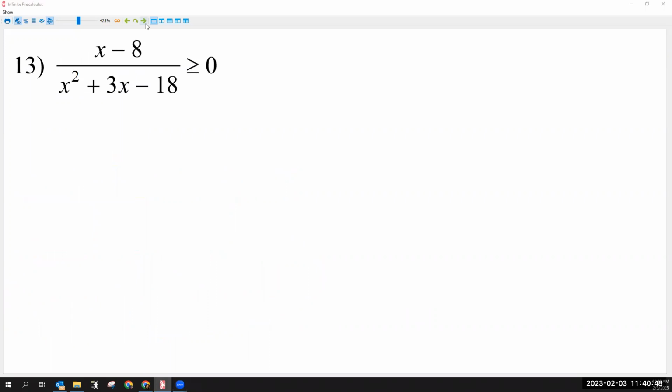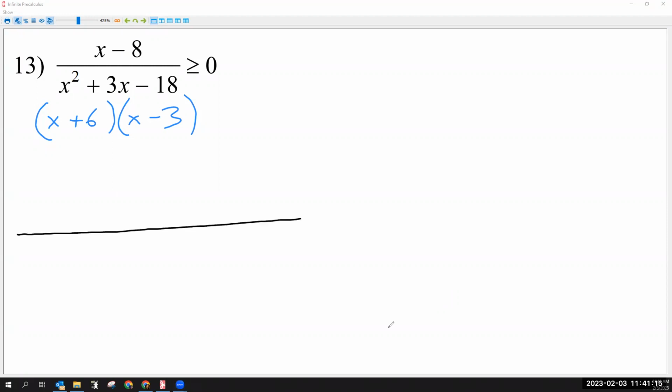Number 13. First thing I need to do for number 13 is to factor the bottom. If I factor the bottom, what do I get? What are my values I get?